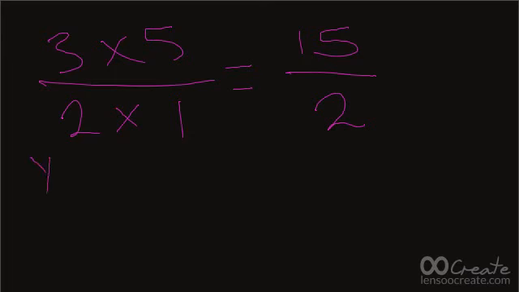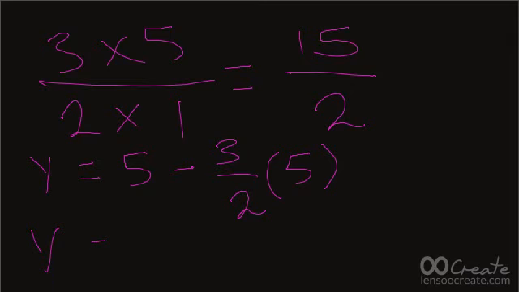So y equals 5 minus 3 over 2 times 5 becomes y equals 5 minus 15 over 2.